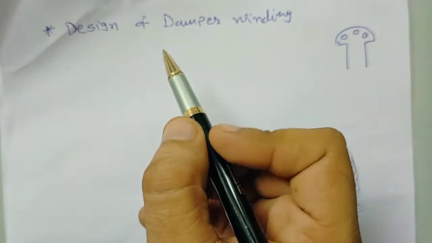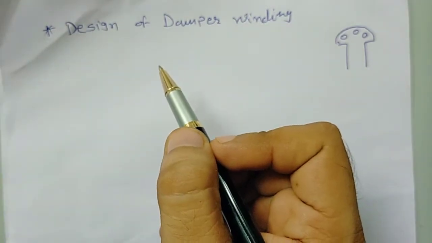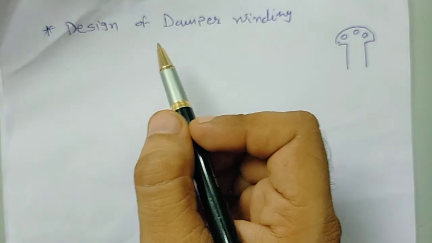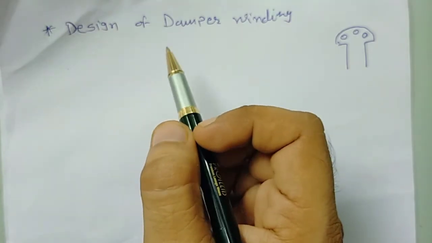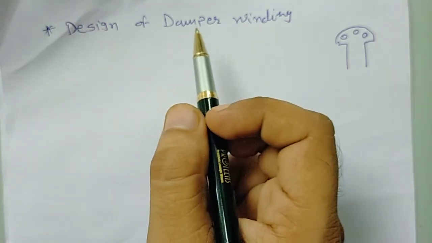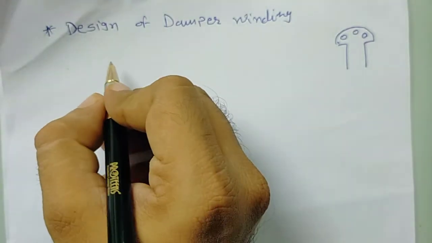So the amplitude of the fundamental of MMF, which is required by one phase of any polyphase or three-phase winding, is given by this equation.